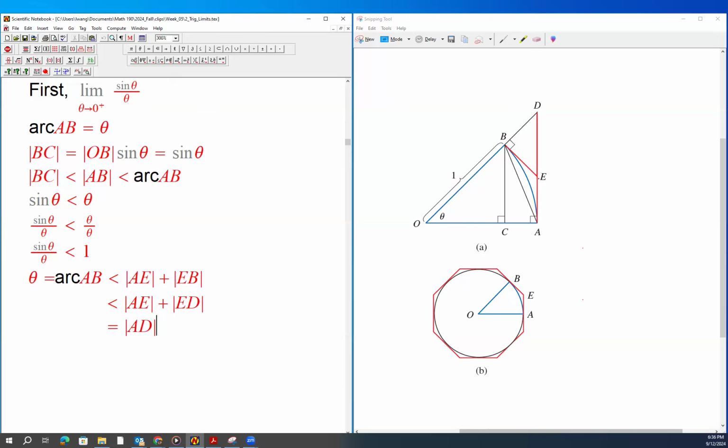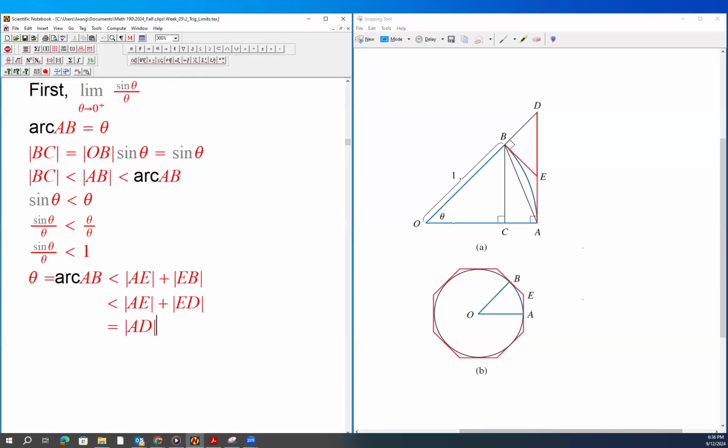So AE plus ED is longer than the blue arc, which seemed rather obvious, right? But we demonstrated it. And now we look at the triangle ADO.